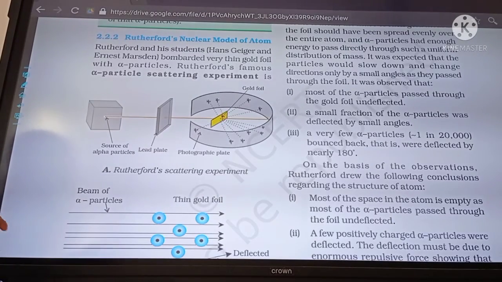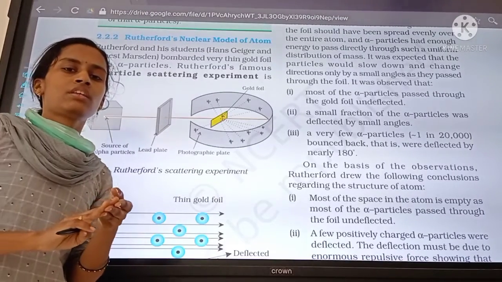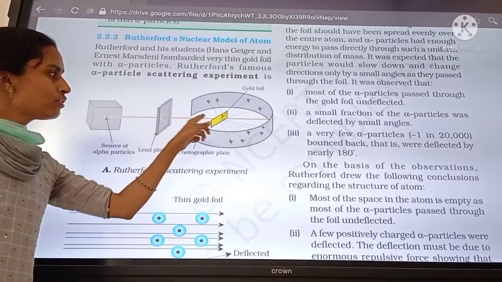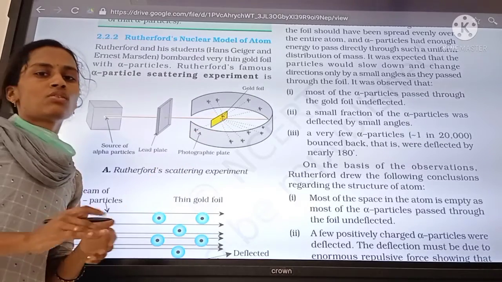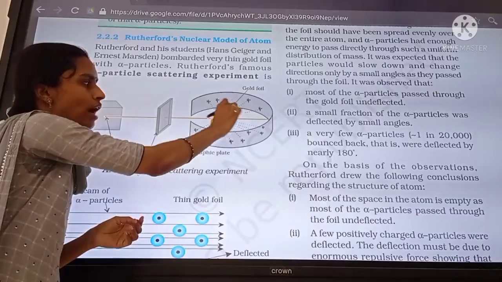He observed three things. Most of the alpha rays went through the gold foil. Most of them, 99% of alpha particles, went through the atom.